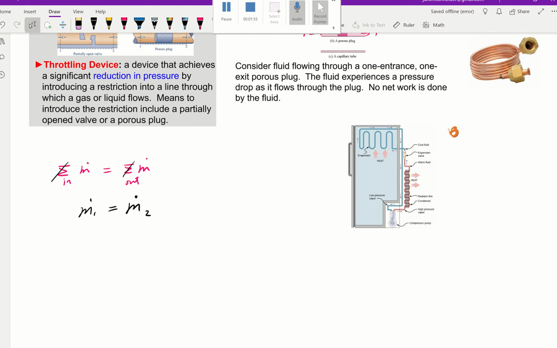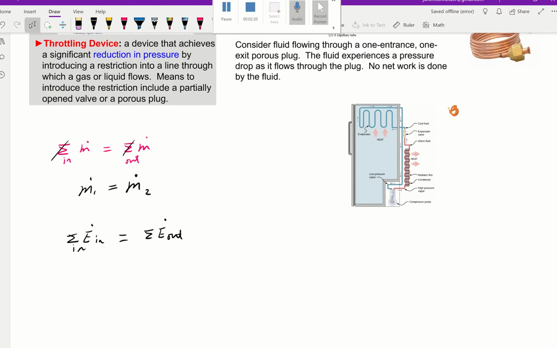Now let's focus on the energy conservation equation. It starts with this original equation. Since it's a steady state device, the energy rate coming in is equal to the energy rate going out, and this energy has components. The first one is heat transfer coming in, and it could possibly have work transfer coming in.